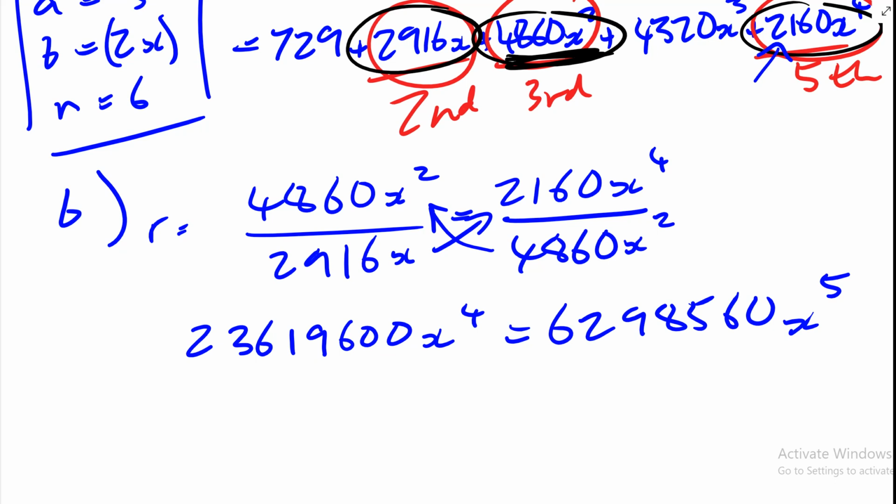Now normally you don't divide by x to the power 4 because that will lose the x equals 0 solution. But x equals 0 would just give us 0, 0, 0, so that's not a particularly great geometric series. So I think we can just divide by x to the power 4 here, and divide both sides by this as well. And that will give us 3.75 equals x. So that's the answer to part B.